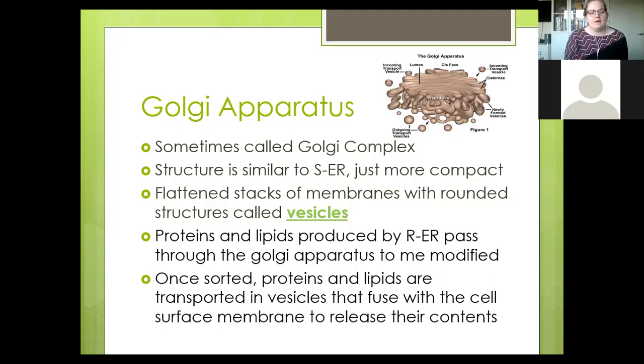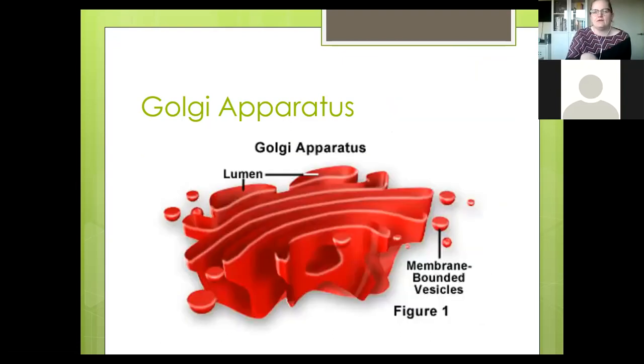So we make the proteins in our rough ER, our lipids in our smooth ER. They pass through the Golgi to be modified, so they're packaged and processed, and then they're put into the vesicles, which then travel to the cell membrane, and they fuse with the cell surface membrane to release their contents. So that's how things like proteins and lipids leave the actual cell. And it's through a process called exocytosis.